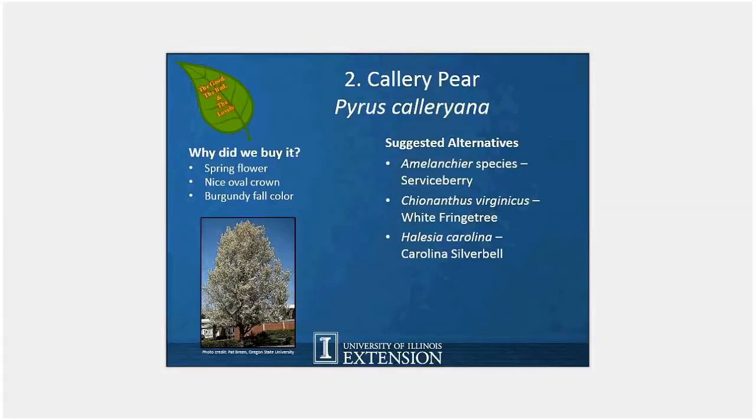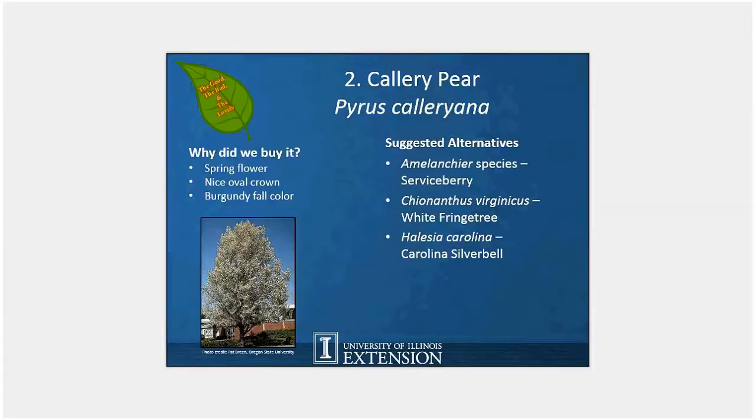Callery pear is our next species of concern. And again, this is native to China. As a cultivar, if you have just straight cultivars, they do not create fertile seeds, but when two cultivars cross, they produce a viable seed that then has invasive potential.